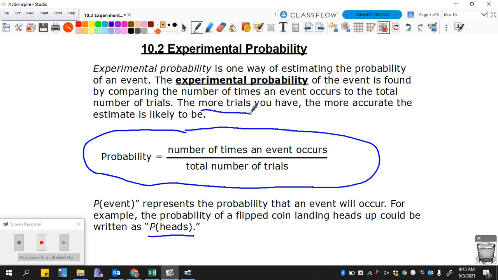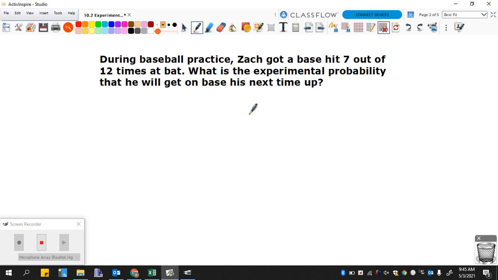Okay, so moving on. During baseball practice, Zach got a base hit on 7 out of 12 times at bat. What's the experimental probability he'll get on base his next time up?